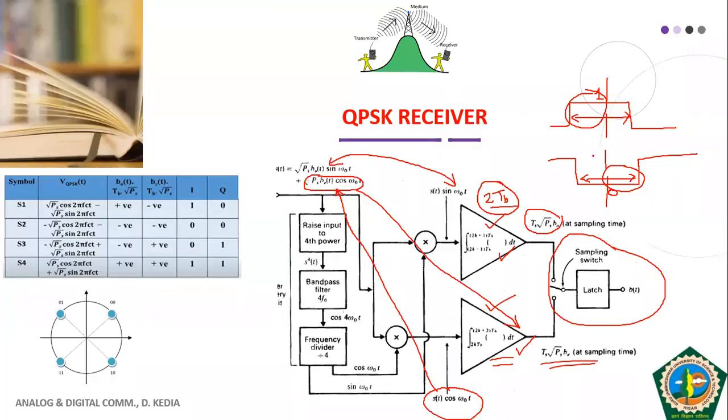These 2 bits were present simultaneously for twice the bit duration period, but we have extracted them from 1 bit duration, and then we are able to retrieve back our original bit stream of duration TB. So this half duration is equivalent to our TB.